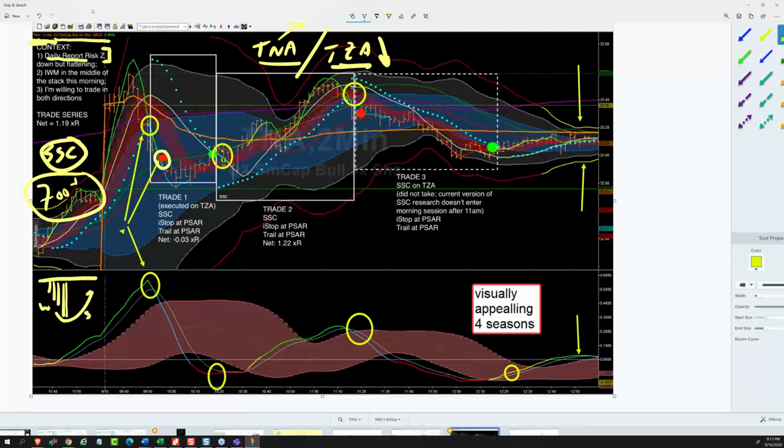Now, the first trade ended up being basically a scratch. They executed TZA on the SSC with an initial stop at the PSAR. I guess that would be probably this one. And then trailed with the PSAR, which is like the aggressive sniper part of the Wu Wei exit, which is fine.